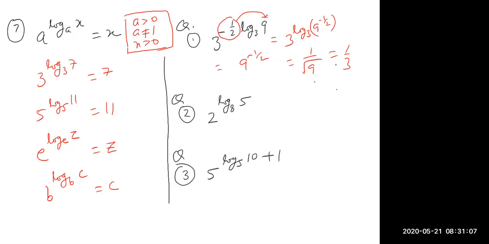No, there is no use of that here. You can write that, but the more important thing is to consider the power. 3 raised to power, how much is there? Minus 1 upon 2 log 3 9. This power I am talking about. Everything is to the power 3. Understood? Okay. So now I will consider this as n.